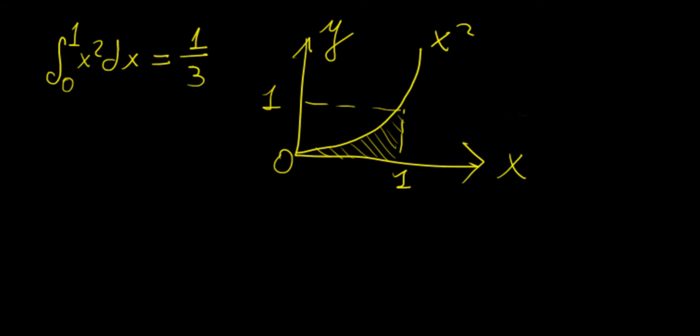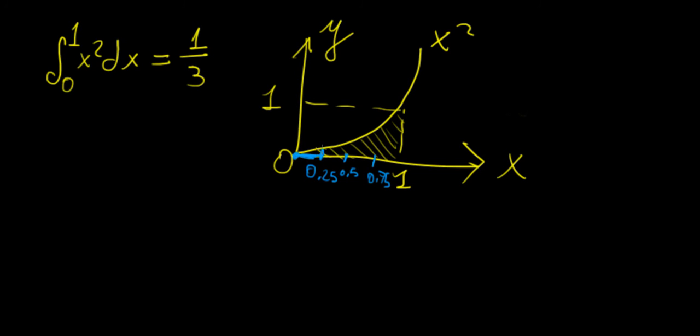And now we're going to have 4 rectangles. So we're going to split this into 4 sections. So that's going to be 0.25, 0.5, 0.75. So the first rectangle is going to have the area 0, because remember that we're going to use the endpoint to the left of the rectangle as the height.